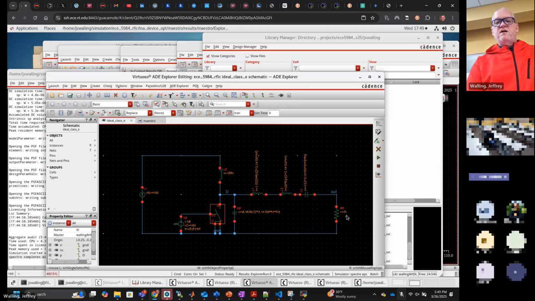I have RL here. This was the load impedance that we would calculate based upon the notes. And then I have the series inductance. This is X opt, B opt. I'm using a choke in this particular simulation, or at least something that's pretty close to a choke, 100 nanohenries.